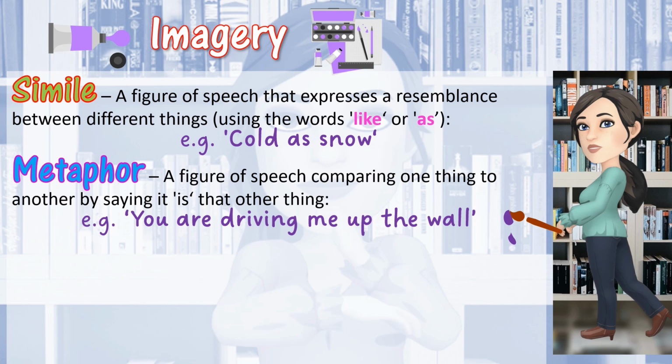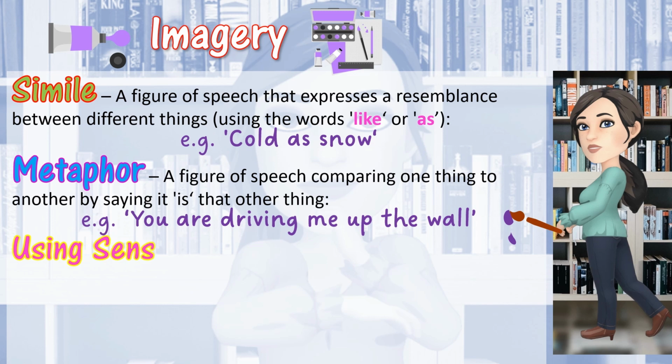You're not literally driving me in a car up a wall, but this is trying to suggest that you are really annoying me, you're making me mad, you're making me angry, you're getting on my nerves. But it's obviously a much more descriptive and effective way of suggesting that, and it's making the reader think about what it means and actively taking an interest in reading the piece of text.